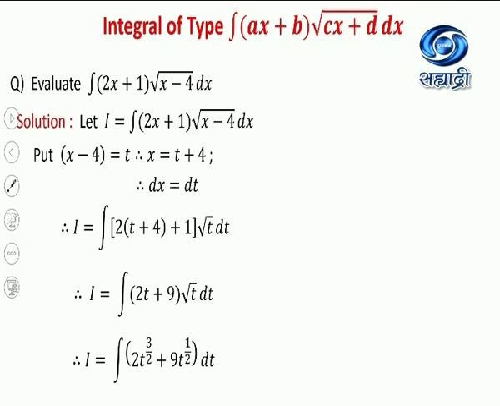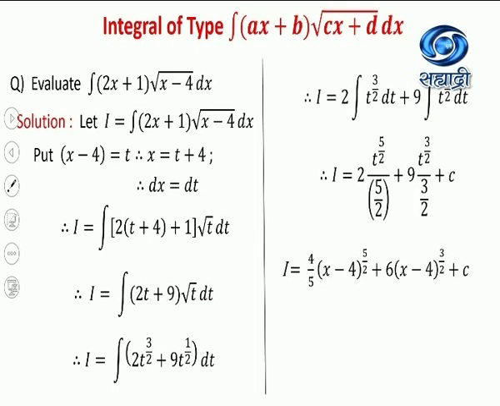Now multiplying root t inside, we get 2t raised to 3 by 2 plus 9 t raised to 1 by 2 dt. Now integrating, we get I equal to 2 integration t raised to 3 by 2 dt plus 9 integration t raised to 1 by 2 dt, and t raised to 3 by 2 plus 1 gives you t raised to 5 by 2 upon 5 by 2. t raised to 1 by 2 plus 1 gives you t raised to 3 by 2.